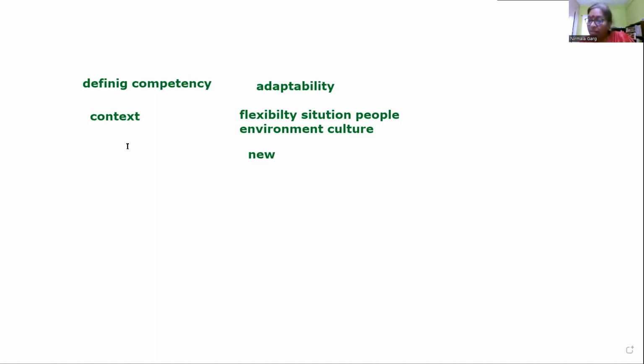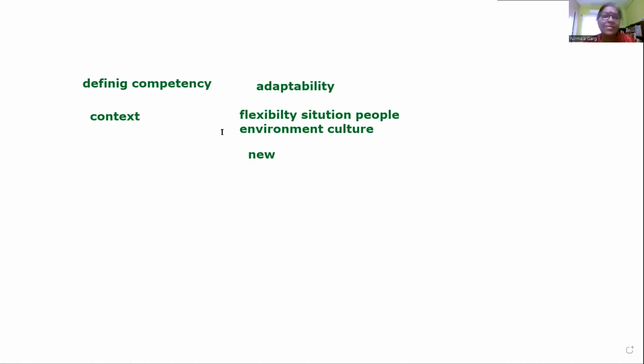So it has to be contextual. Competency is generic; you can take a definition from anywhere, but then make it fit your own context. Look at your environment, the structure, and what the person is doing, because he is going to demonstrate a particular behavior in that context.